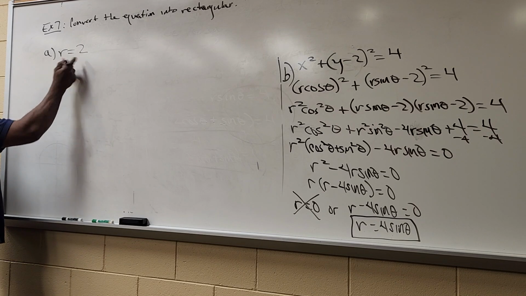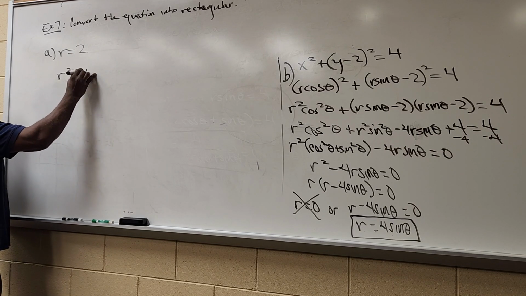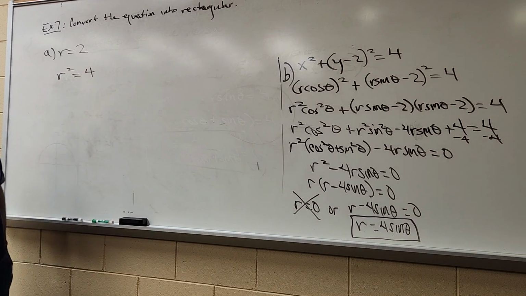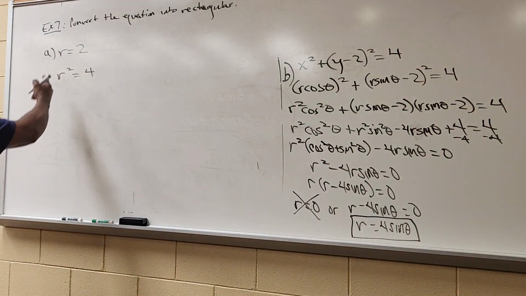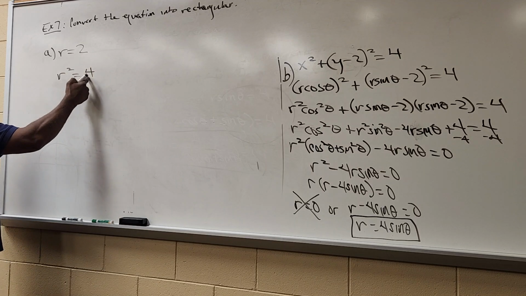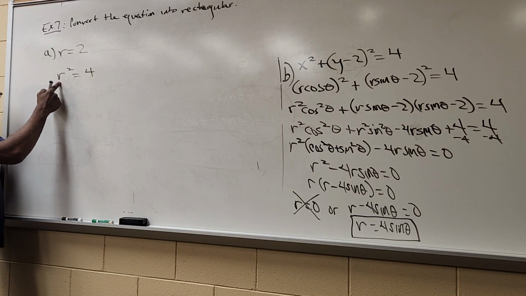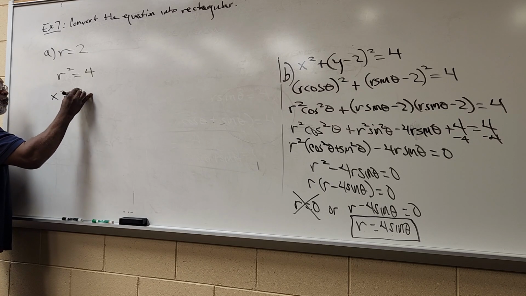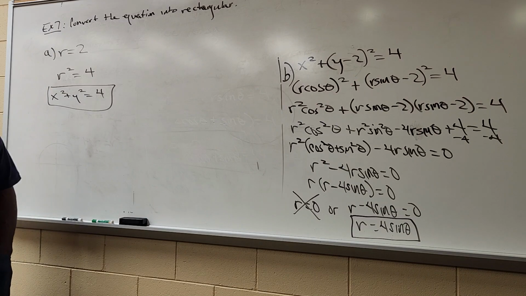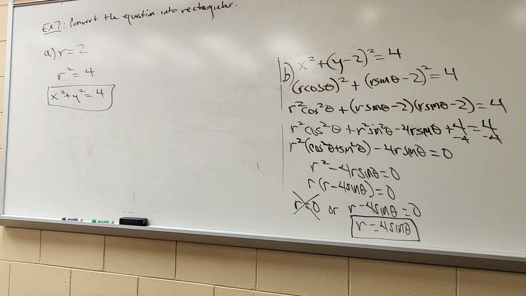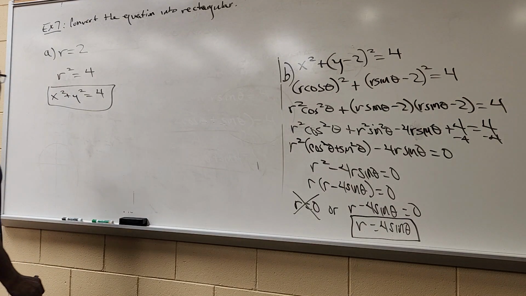If r equals 2, square both sides, and you'll get that r squared is 4. But remember, x squared plus y squared equals r squared. So I can replace r squared with x squared plus y squared. And that will give me my corresponding rectangular form. Okay, there's my rectangular form.